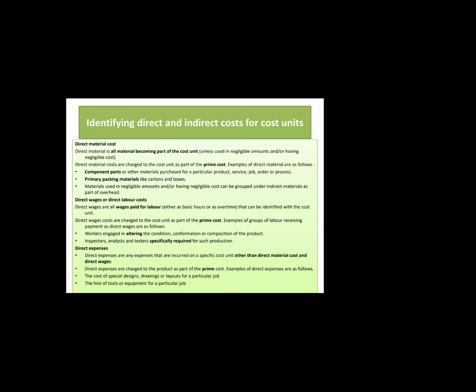So, direct material cost. Direct material cost is all about materials that become part of cost units, unless used in a negligible amount or having negligible cost. So direct cost is basically cost that is involved directly; all materials become part of cost units.